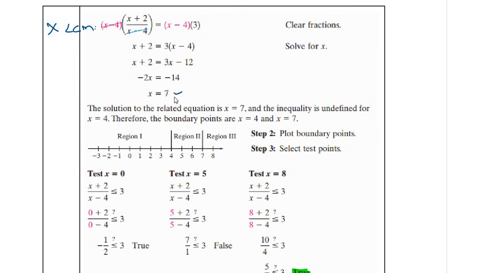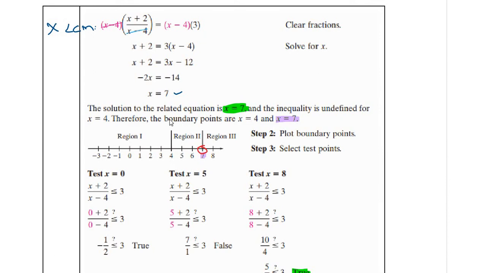x is equal to 7 here. Very easy now. Very important now, when we go to the number line, we indicate on this number line the boundary point we just found, but also the restriction we found earlier. So we will have the 4 placed on the number line, which is our restriction, remember, which is always out, can never be included.